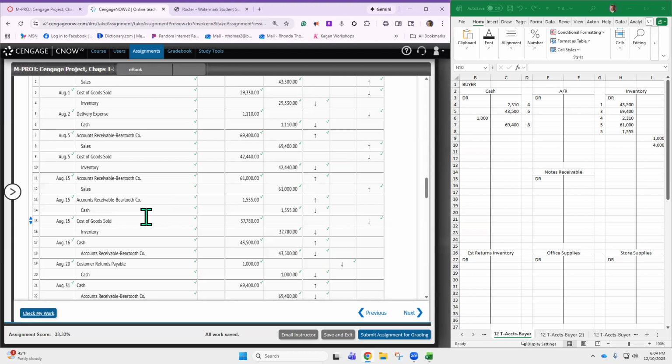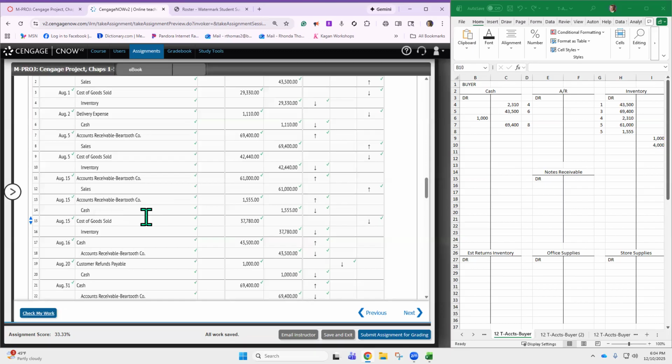To refresh your memory, we sold a certain amount to Beartooth and recorded it in our sales, and then we paid the shipping and put it in their accounts receivable. We paid that shipping with cash, but we put it in their AR so they would reimburse us, because it was their responsibility because of the freight terms being FOB shipping point.